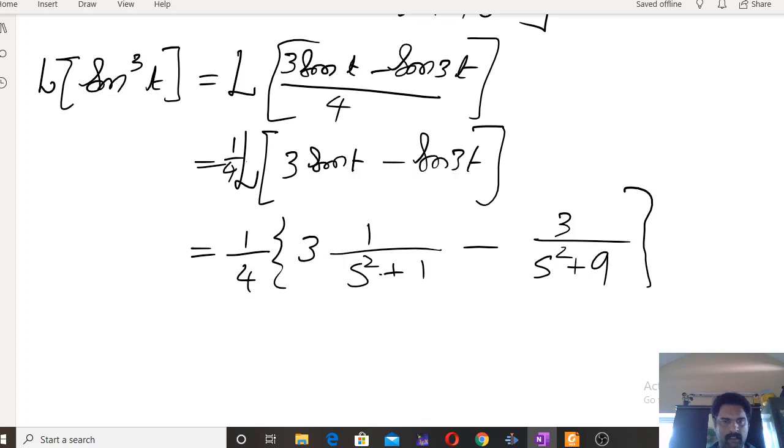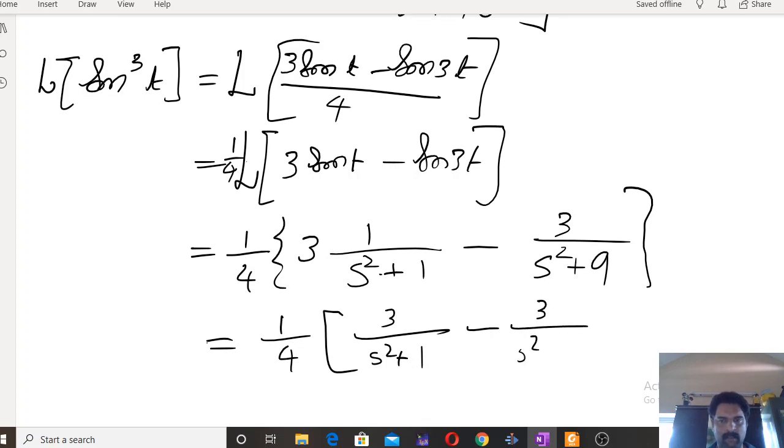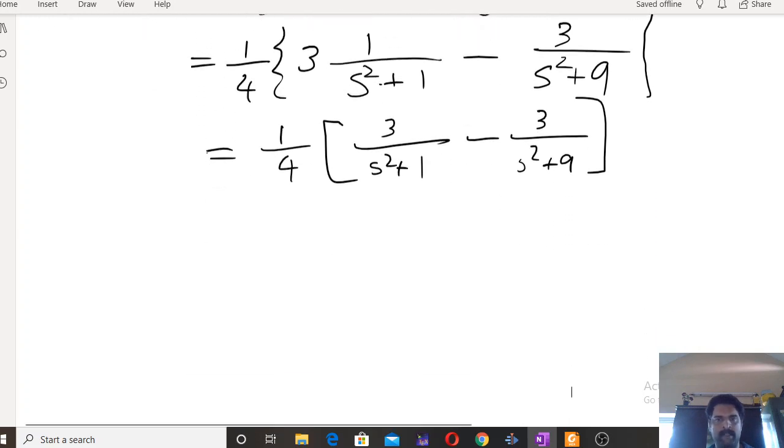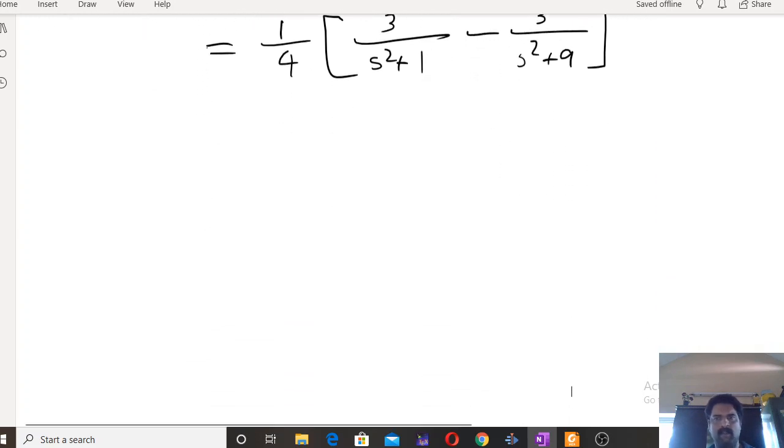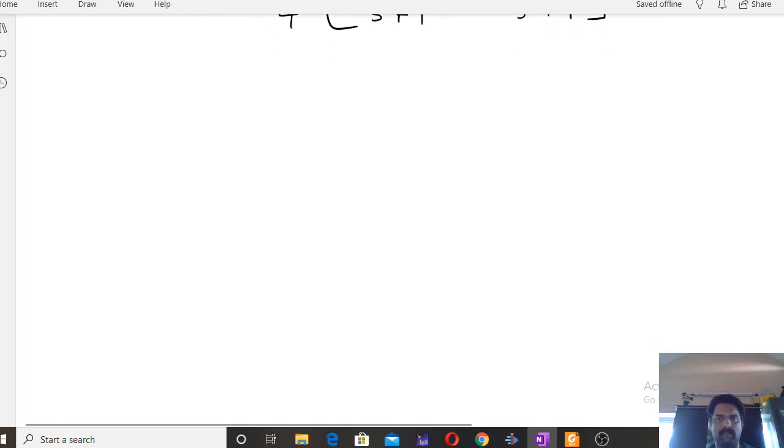We rewrite it in a better form as 1 by 4 into (3 by s square plus 1 minus 3 by s square plus 9). We can simplify this expression by taking (s square plus 1) into (s square plus 9) as an LCM, but it's not an essential thing.